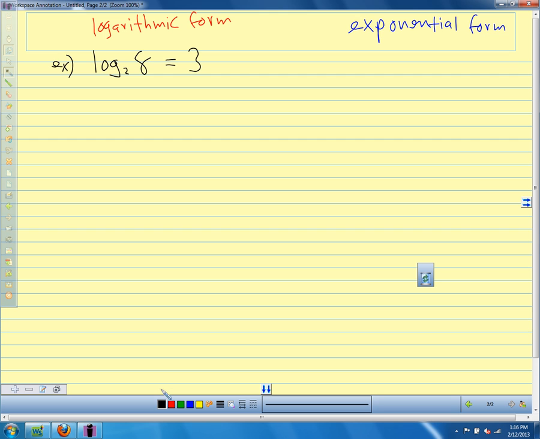How would we write that? 2 to the third equals 8.